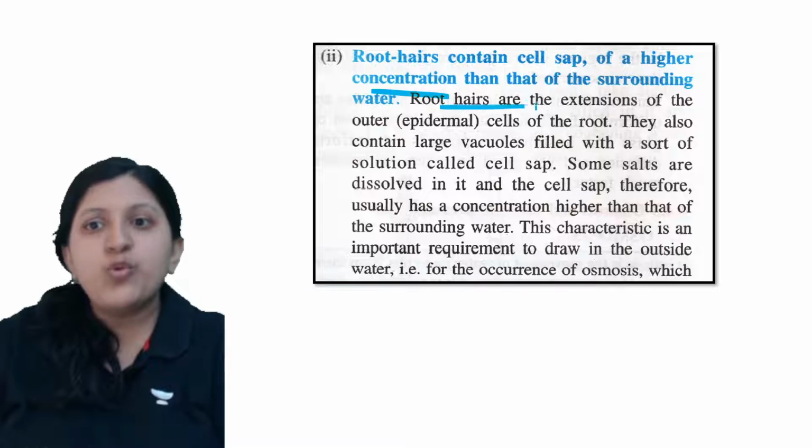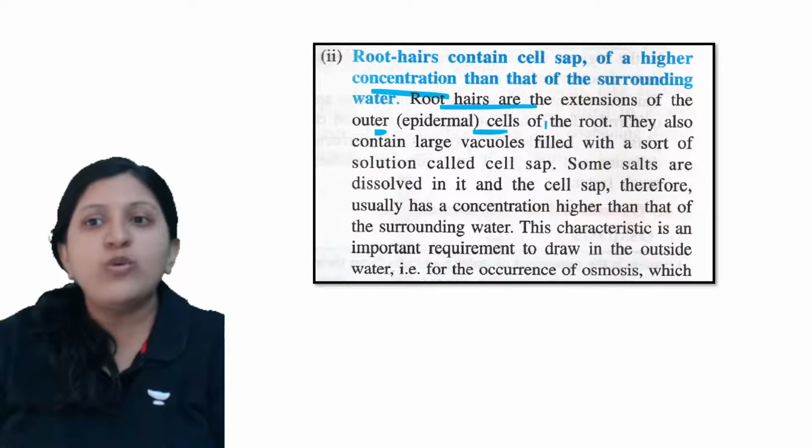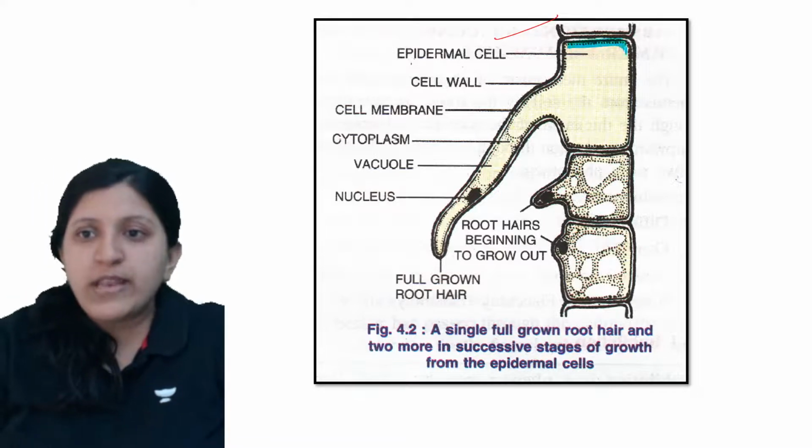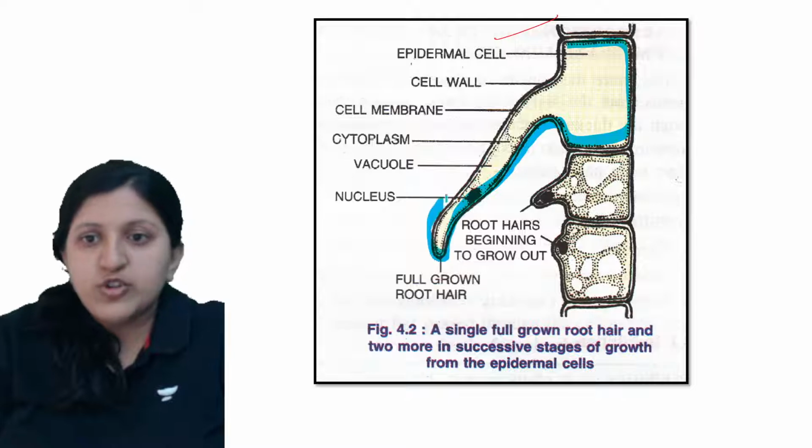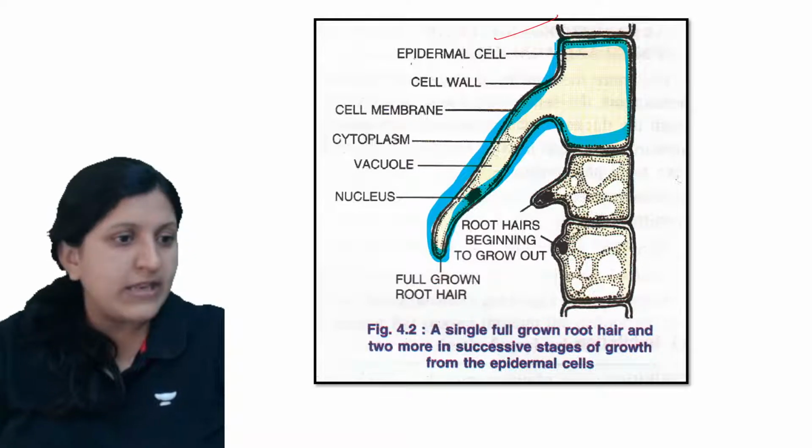So the root hairs are the extension of the outer epidermal cell. Have a look at this. This is the epidermal cell, which is extending further, so there is growth of this particular cell.